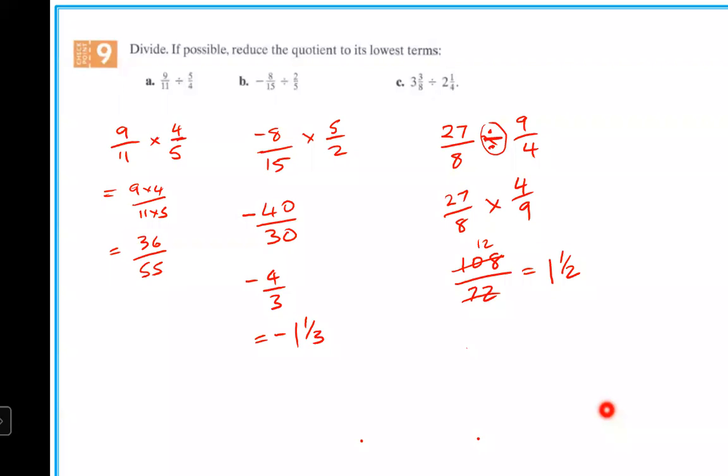So the 12 over 8, and then I broke it down again to 3 over 2, 1.5. Okay, that's correct. Thank you.